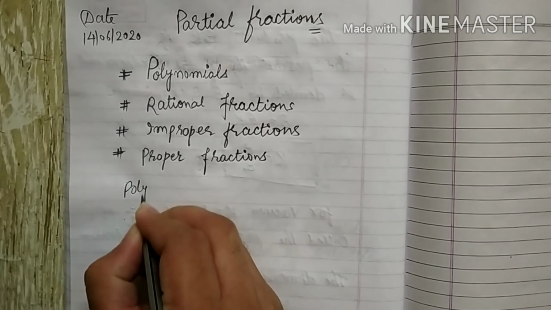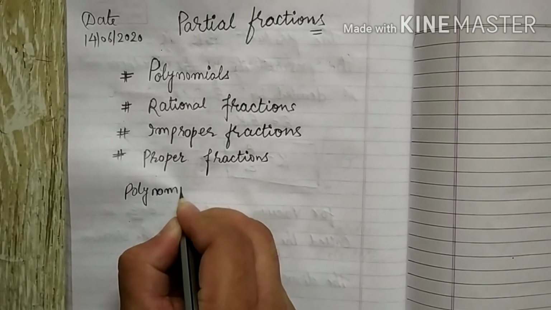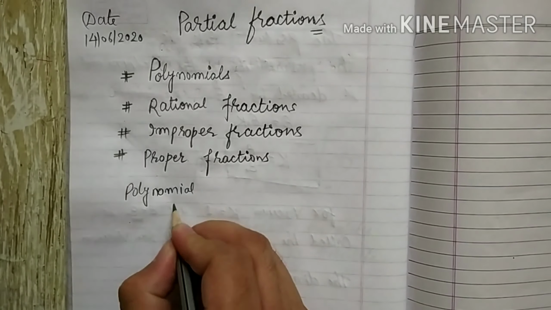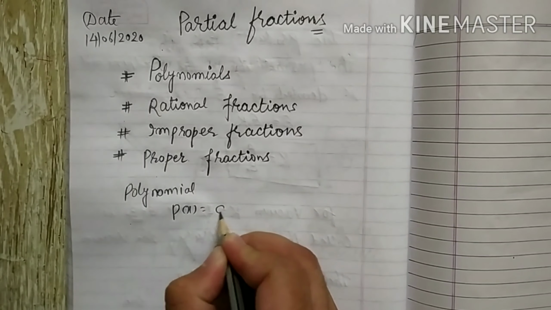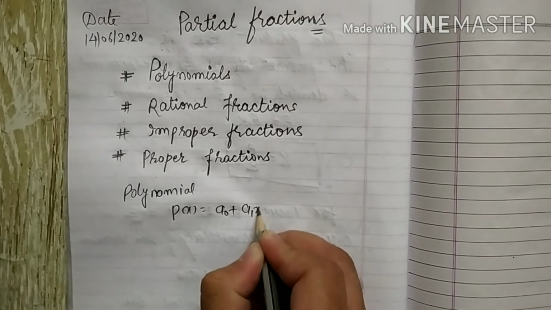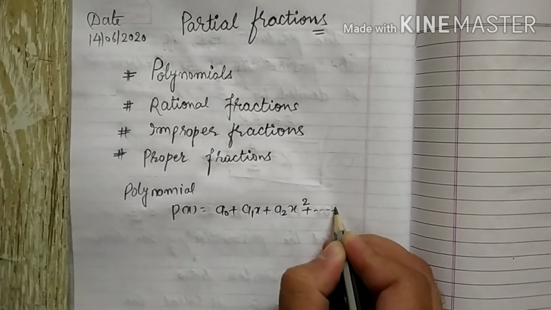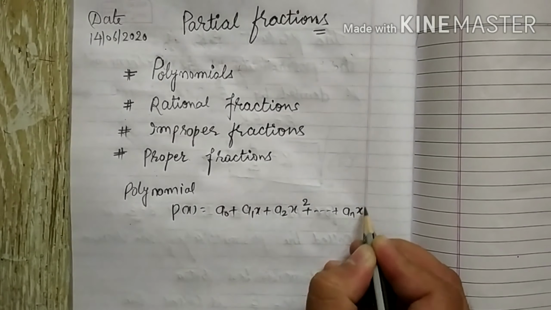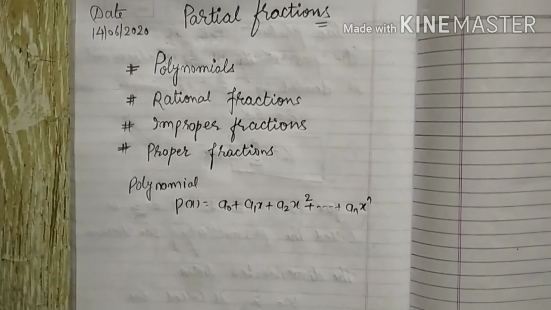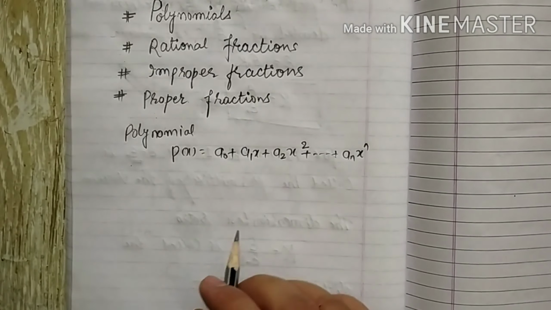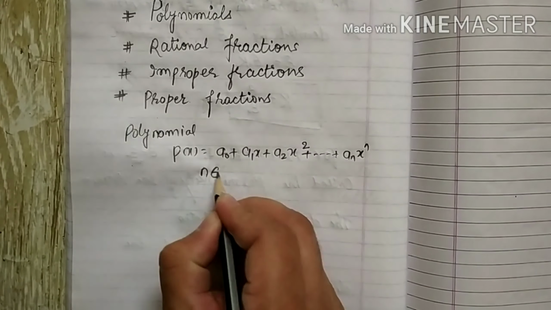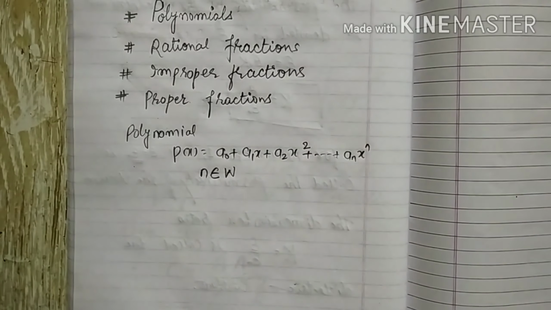A polynomial is written in the form P(x) = a0 + a1x + a2x² and so on up to an xⁿ. This n should belong to the whole numbers.